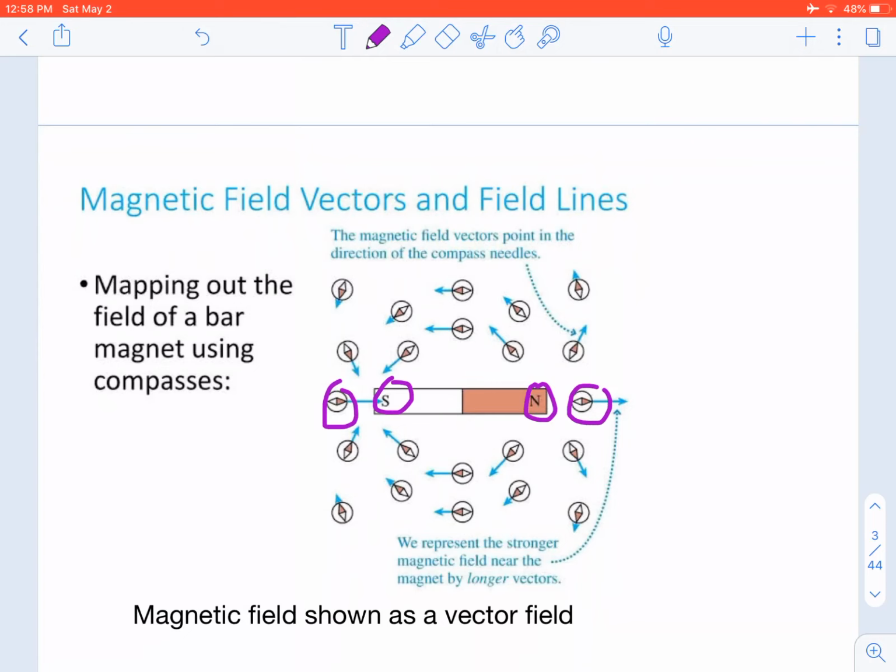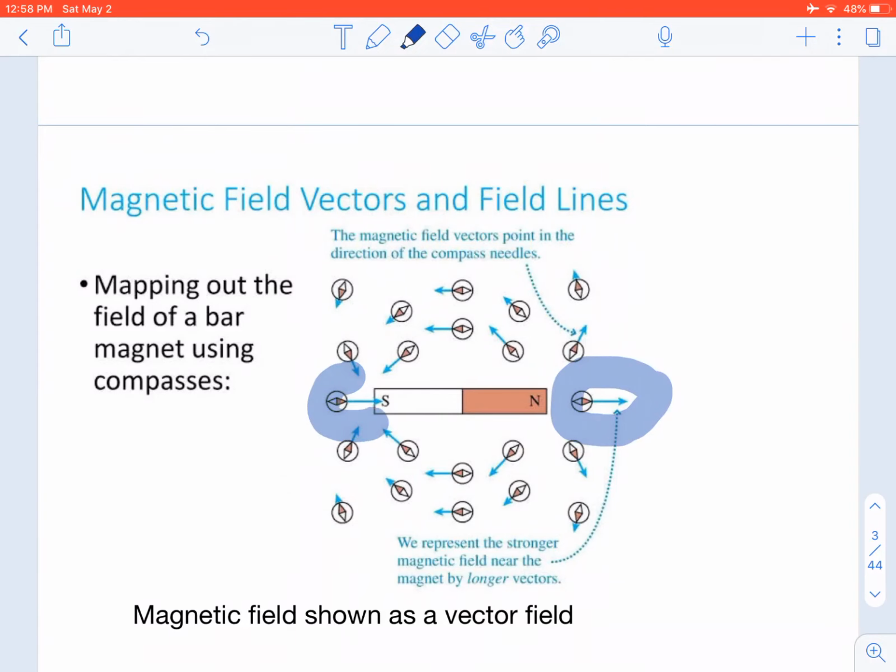If you trace this, you'll see that in this case you've got a vector showing you what the field strength is at that point.